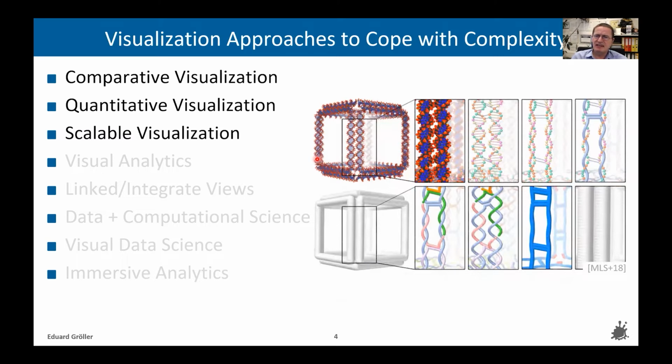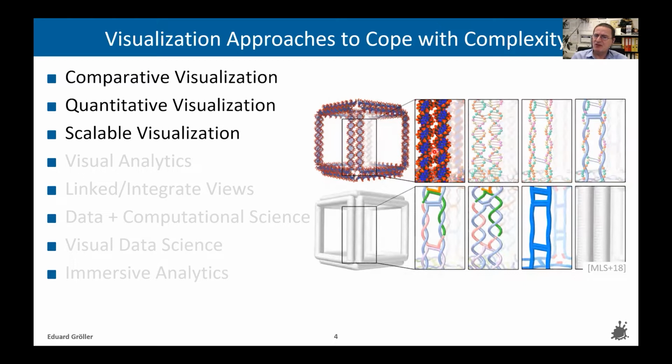Here we see an example which is called DNA origami. So you take a large DNA strand and you are mixing it with so-called staple components. And these staple components make sure that this DNA strand is sticking together in certain positions, and you can basically generate arbitrary shapes like a small cube here.